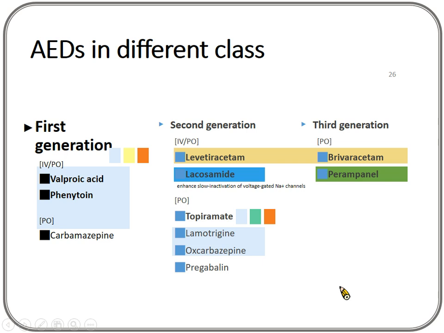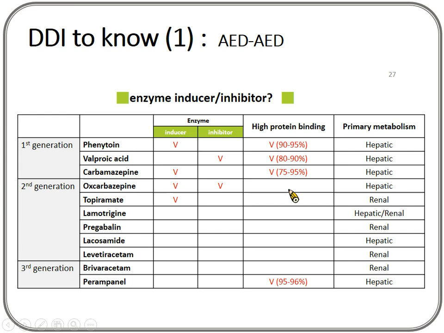Valproic acid, phenytoin, lamotrigine and oxcarbazepine, by impairing the sodium channel, go into this category. Levetiracetam and brivaracetam, controlling SV2A, fall into another type. Lacosamide itself, enhancing slow inactivation of the voltage-gated sodium channels, is another type.